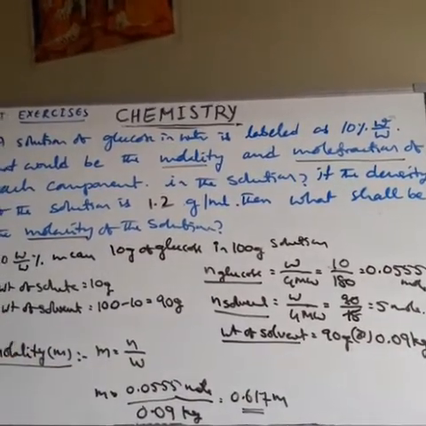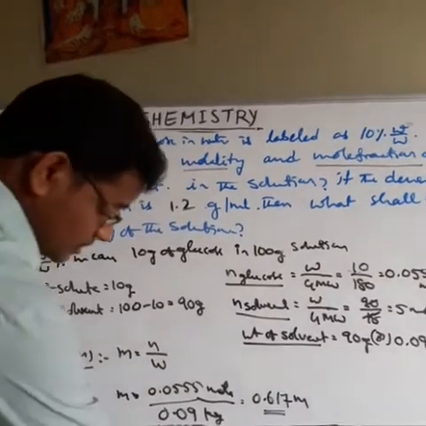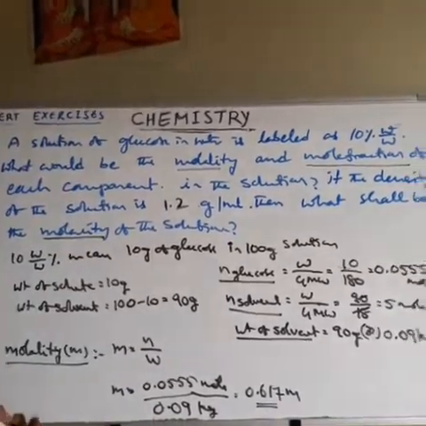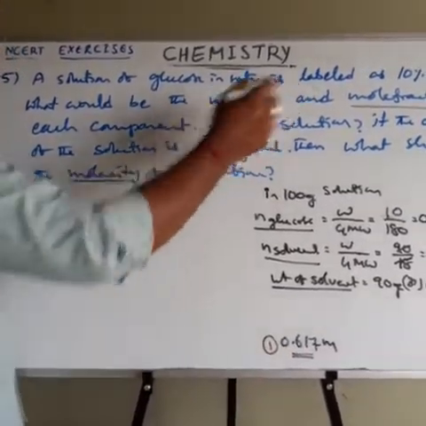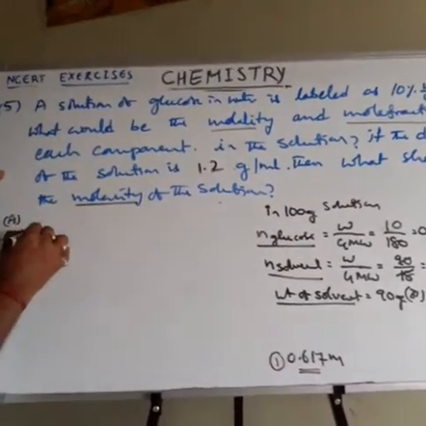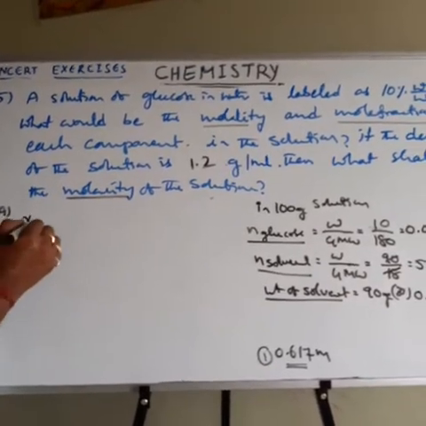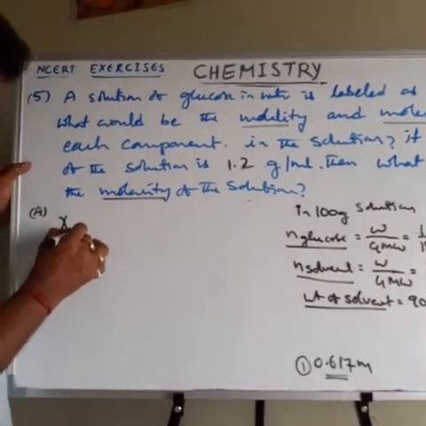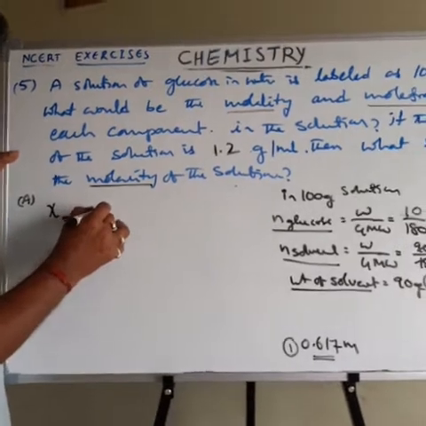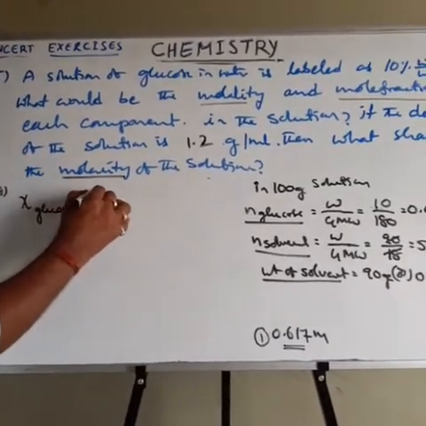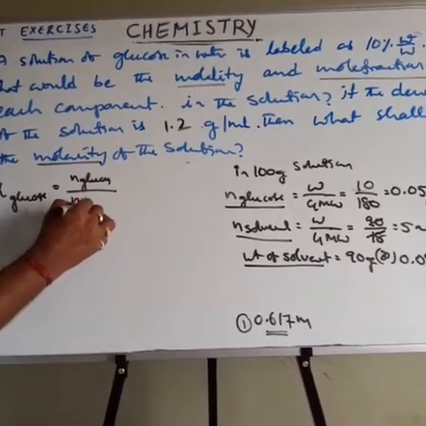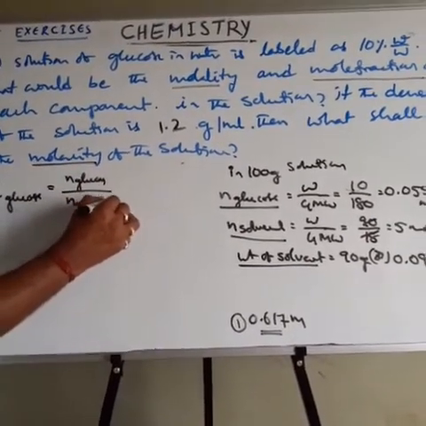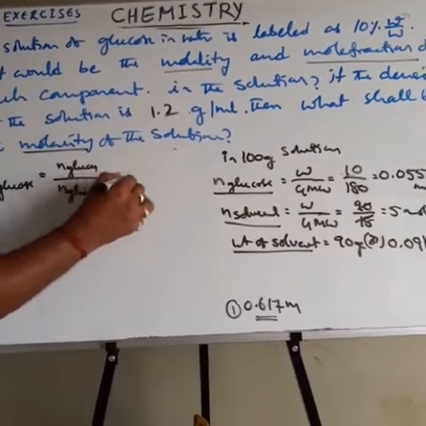Next one is mole fraction. So molality is completed. Second one is mole fraction. Mole fraction of glucose, x glucose, is equal to number of moles of glucose divided by total number of moles, meaning number of moles of glucose plus number of moles of water. Number of moles of glucose is 0.0555, already calculated, divided by water 5 plus glucose 0.0555, that is 5.0555.